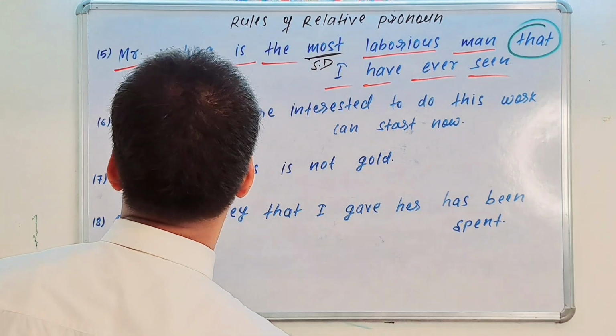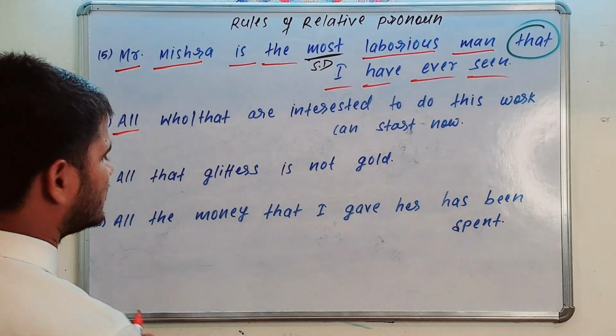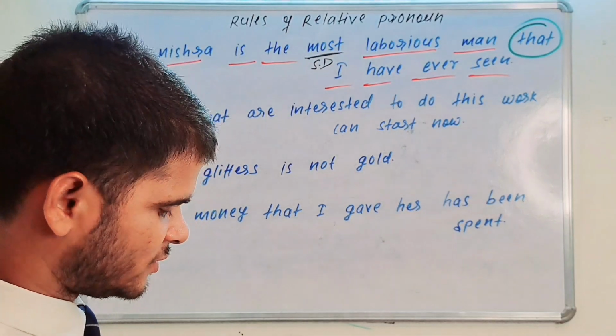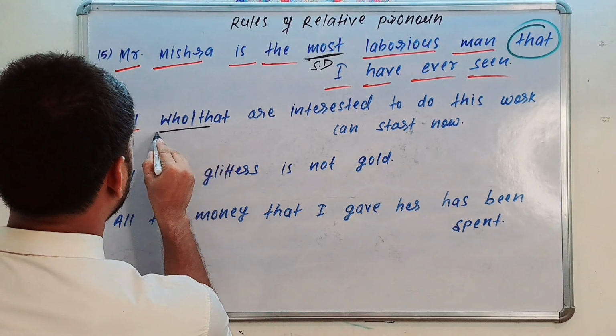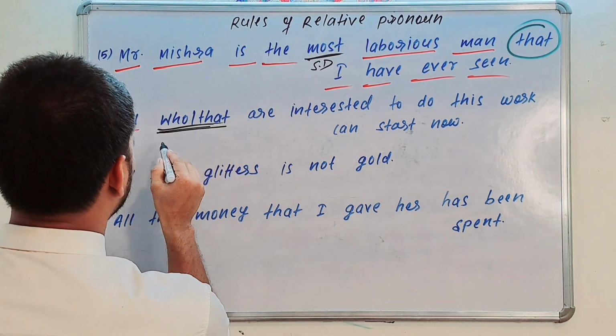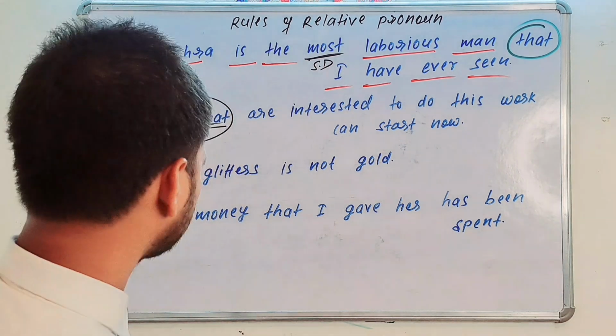Now see the next rule here. All, try to understand the things here. All, who and that. You know well that who and that are relative pronouns.